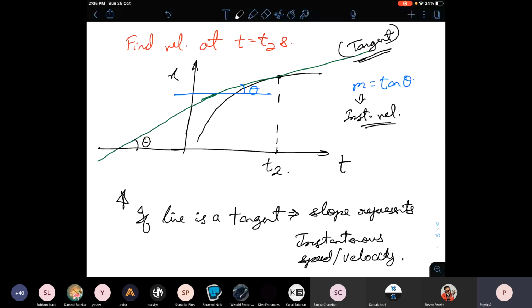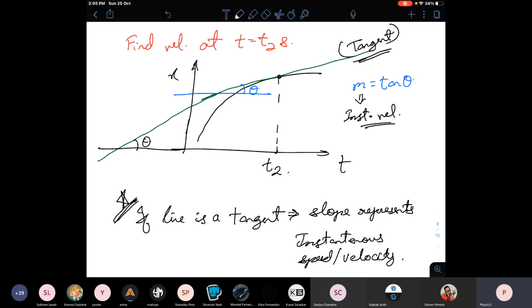Now the method to calculate the slope. I have just told you the definition of slope, but I have not given you the method to calculate slope till now. The method, the process to calculate the slope, is differentiation.